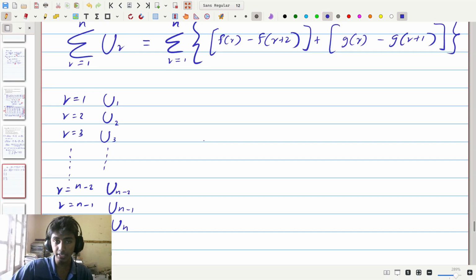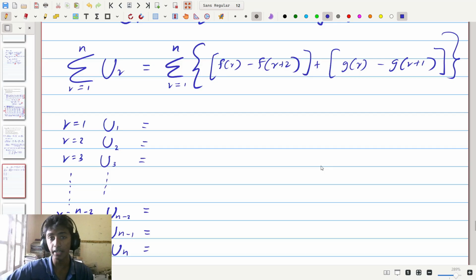But on the right side, if we slowly consider what we have for r equals 1, the sum on the right hand side is going to be f of 1 minus f of 3 plus g of 1 minus g of 2.